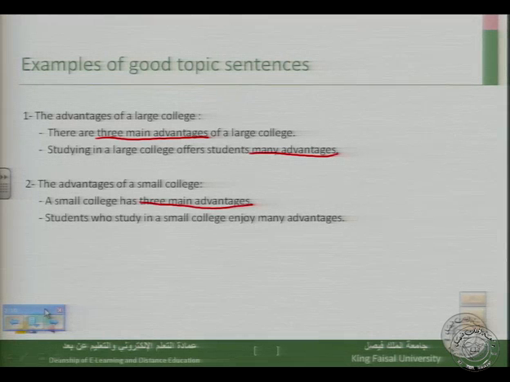The second topic sentence is students who study in a small college enjoy many advantages. Here the controlling idea is open for those who want to write more than three advantages. They can write more or less, so they can write two advantages or four advantages or even three advantages. It's open to them to choose. It's up to them to choose.